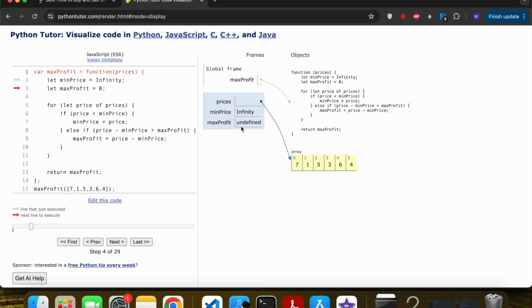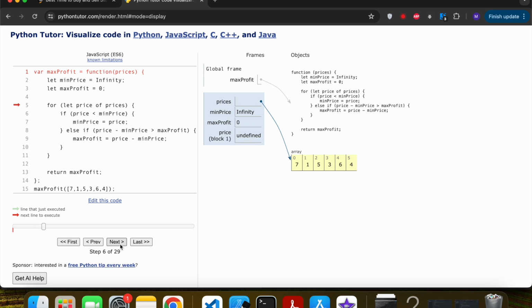And maximum profit we want with the lowest value, which is 0, such that any profit we calculate will be larger than it. Then as we loop through the array, we will update both values.